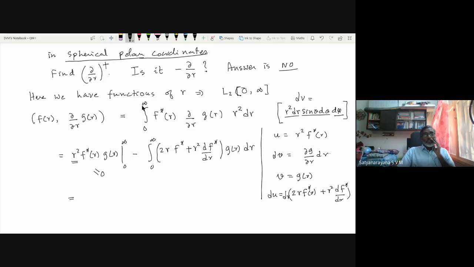Then, when I am writing like this, I have to pull out an r square and keep it as the integration measure.